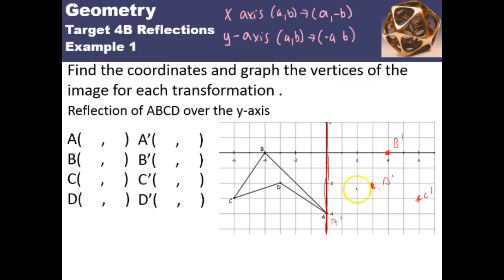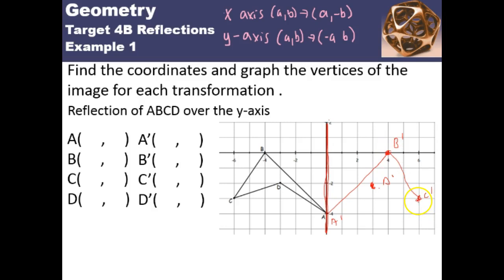And then I just connect the dots. So A prime and B prime get connected. B prime and C prime get connected. Well, that kind of went out of control. Let's erase that one. Try again. Okay.